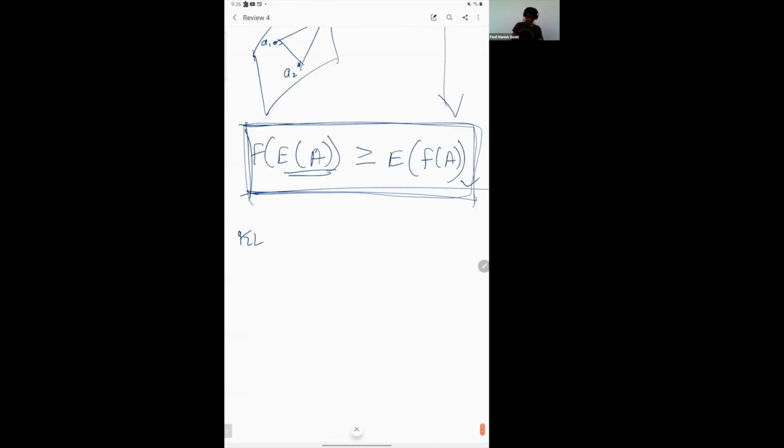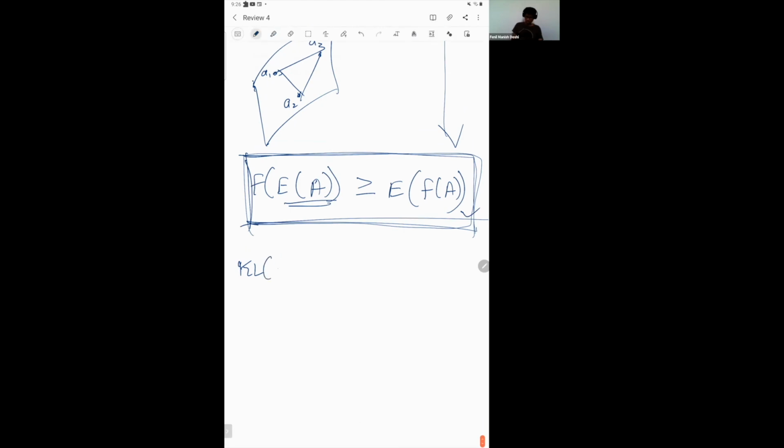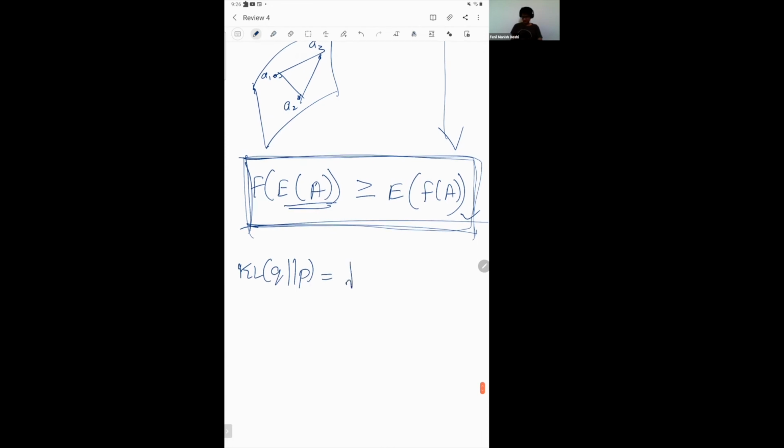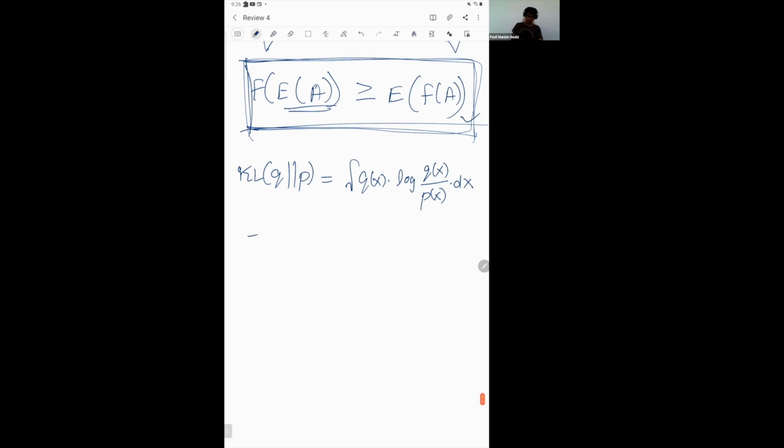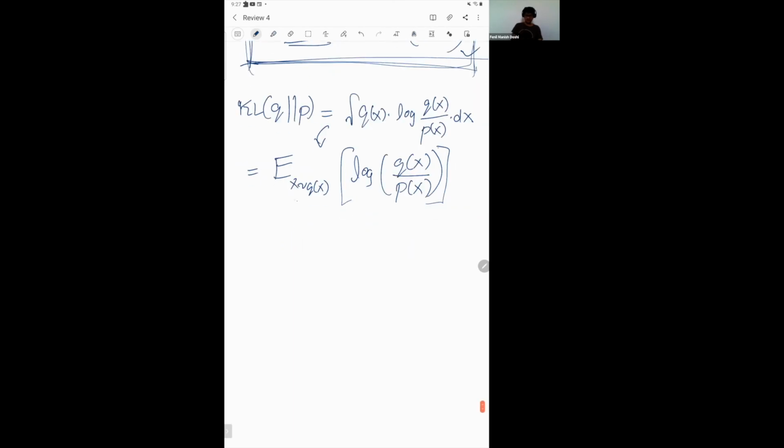So we know the KL divergence between two distributions q and p is... again I'll use LOTUS here. You can see these are the same thing, right? So x is coming from q of x, and this is the function.